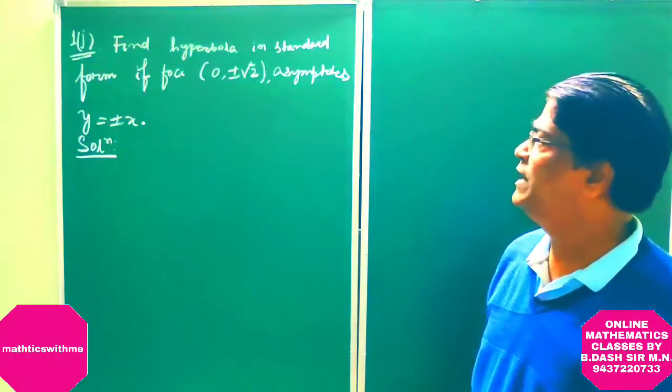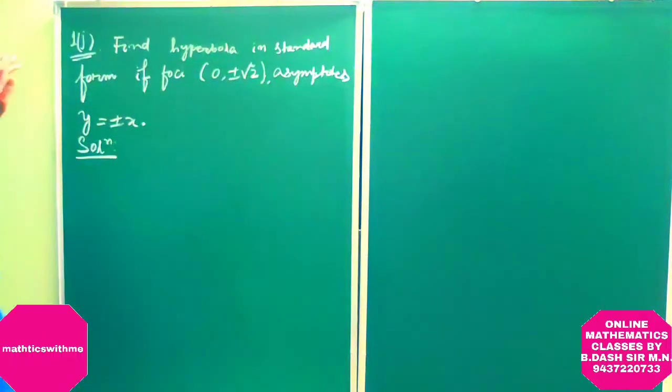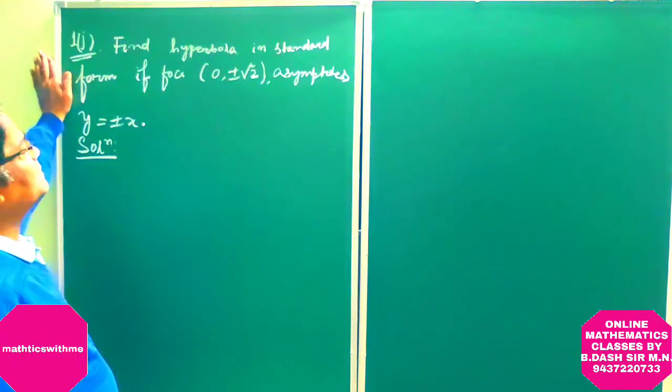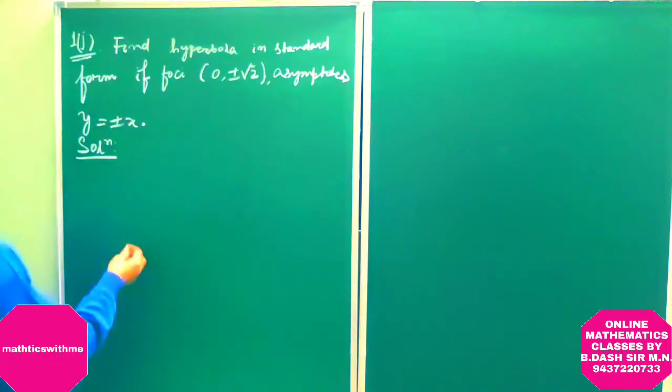Our next question is, find the hyperbola in standard form if foci are 0, plus minus root 2, asymptotes y is equal to plus minus x.